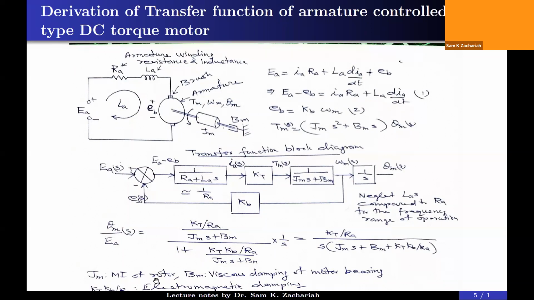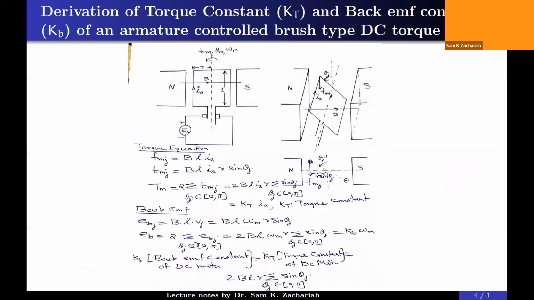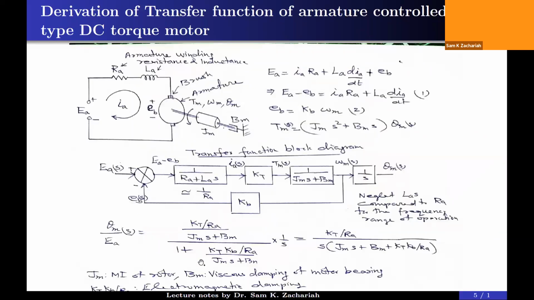Where JM is the moment of inertia of the rotor, BM is the viscous damping of the motor bearing, and this KT KB by RA is added with BM.